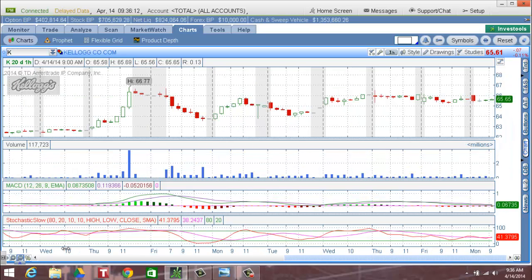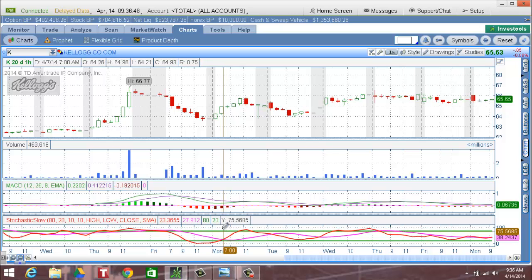Normally, when the stochastics crosses at the 0 point, and I don't see it here, but normally if it crosses at the 0 point, or at any point really, you can see here the stochastic indicators, or should I say oscillators, crossed here.